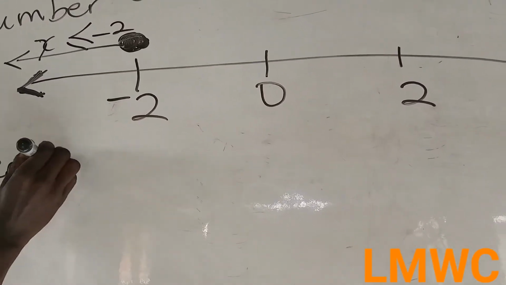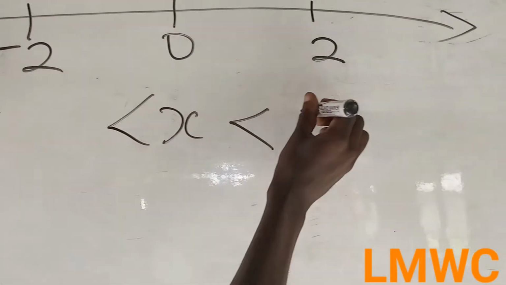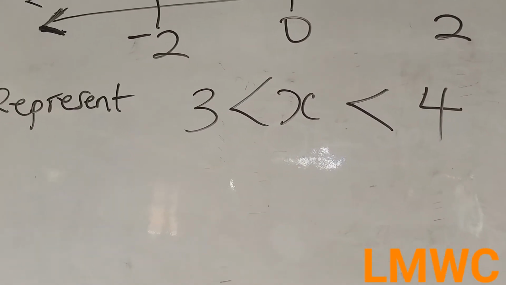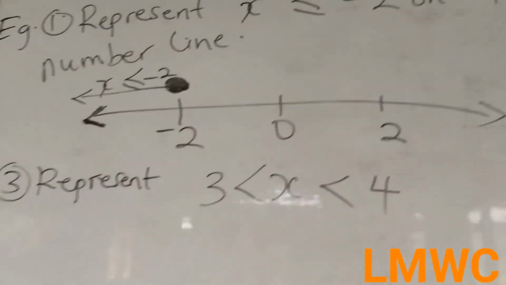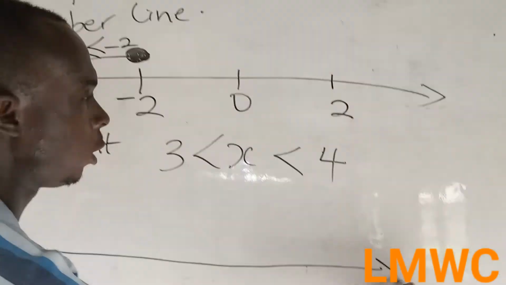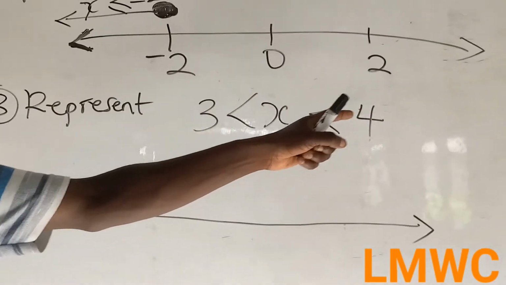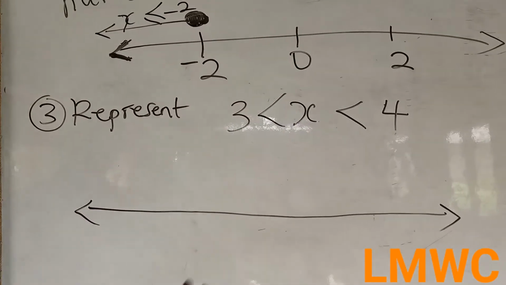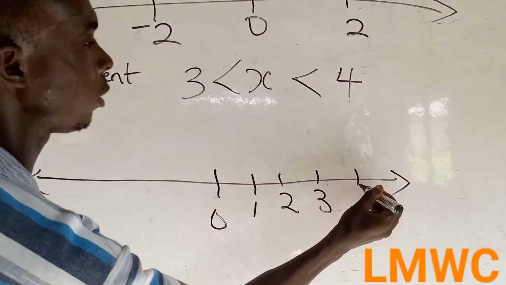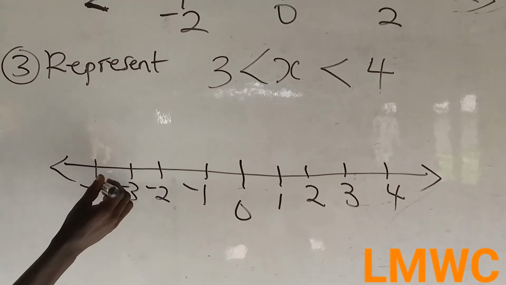Third example. Represent x less than 4 or x greater than 3. Now, they have given us 2 symbols, and this question is simple. So now you check. You see they have given us x is less than 4, or x is greater than what? 3. What this means is that you write your 1, 2, 3, 4, -1, -2, -3, -4.